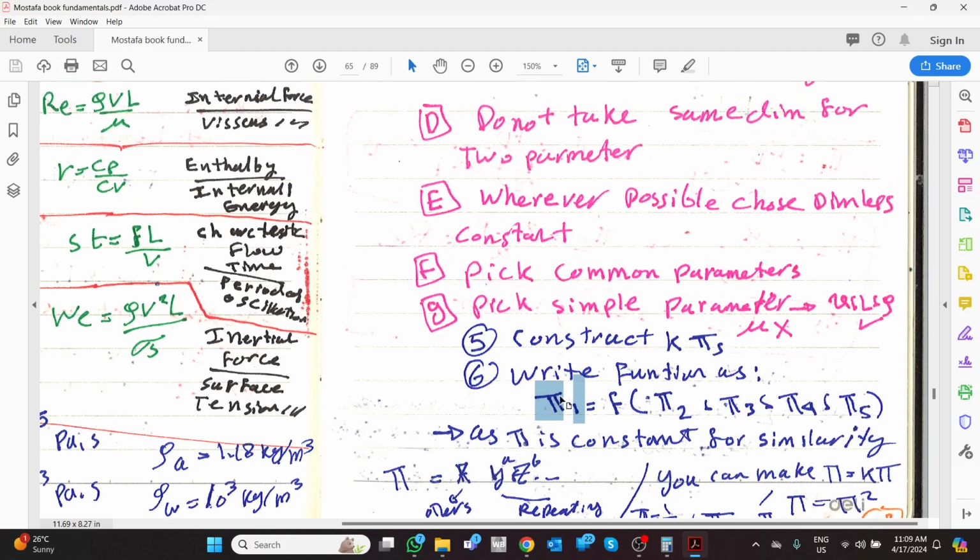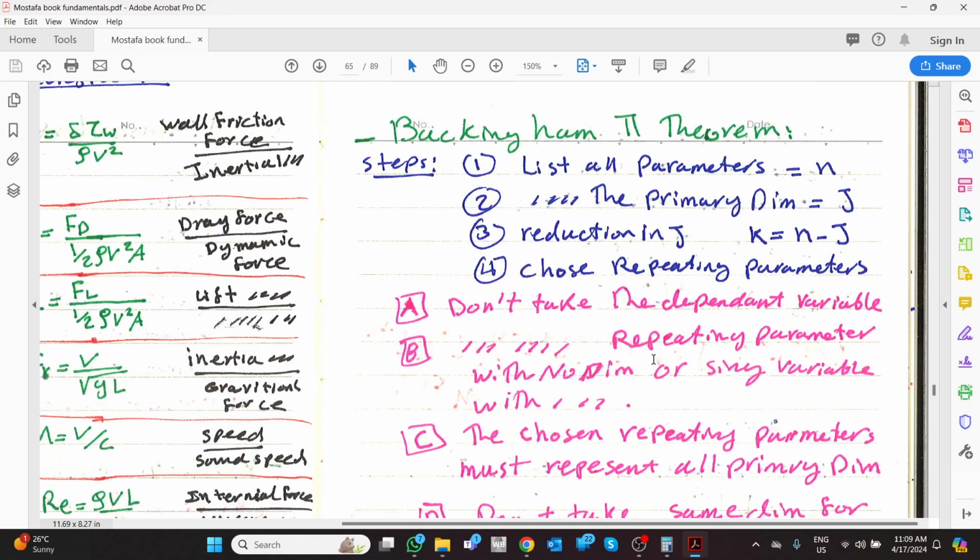And pi is a function itself, but it is a dimensionless function, which means it is a group of parameters which create a dimensionless function. And the theory he stated is that pi 1, which is a dimensionless function, is a function of all pi's possible to generate from the above parameters.